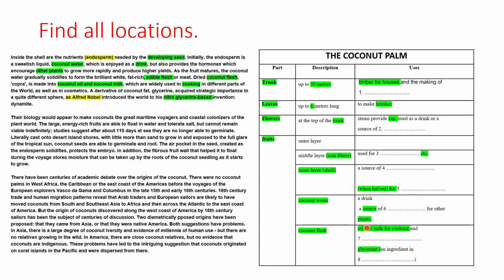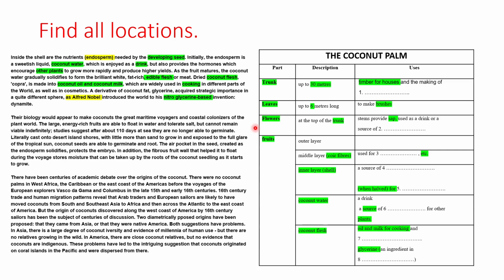Then they talk about oil and milk for cooking, and I find it here: coconut oil and coconut milk. They show little paraphrasing here, but it's very easy to understand. Glycerine, they talk about glycerine here. So now our fill in the blank questions are already finished in the first four paragraphs.